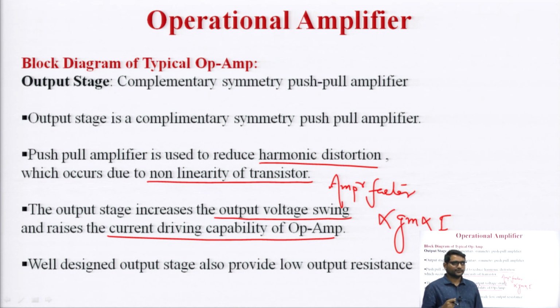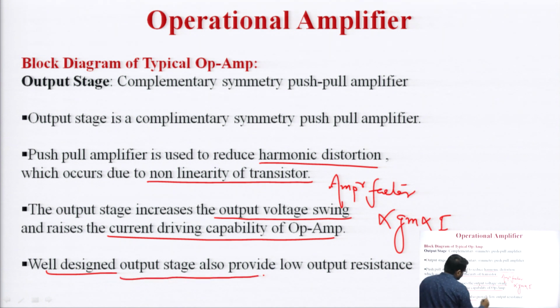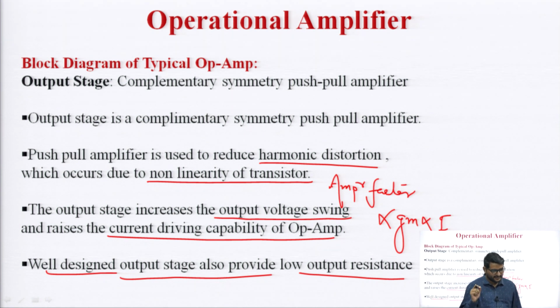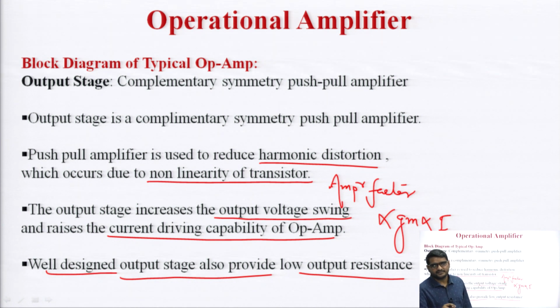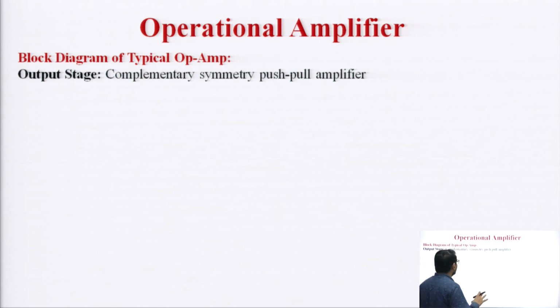So, a well designed output stage, a well designed push pull power amplifier, also provides low output resistance. Okay. As a simple example of the operational amplifier, we consider a typical circuit such as this.